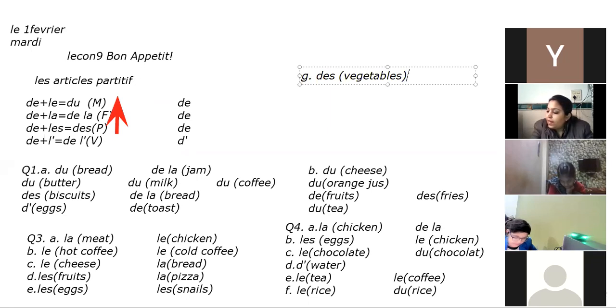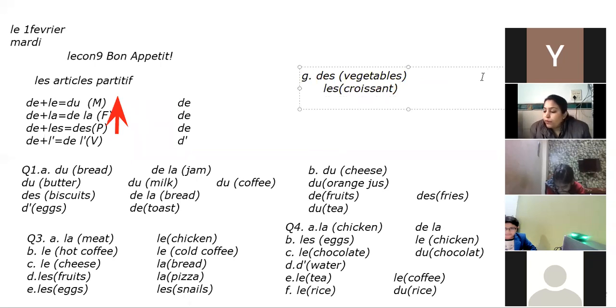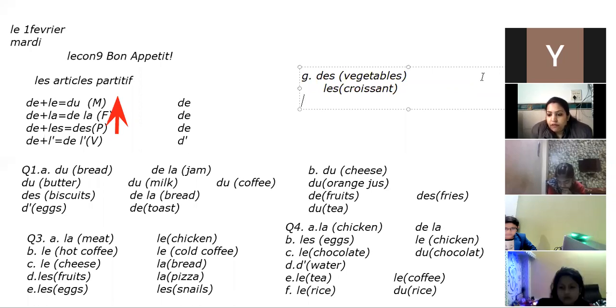And car elle aime les croissants, because she loves croissants. A croissant is a kind of patty, you can say, as we have in India, filled with different veggies. That is a French dish, called croissant. Because it is defined and precise that she loves croissants.